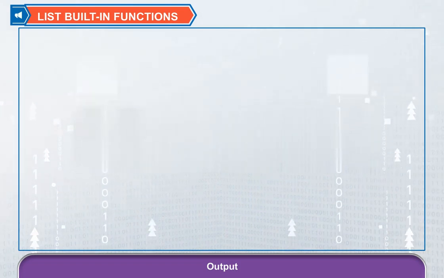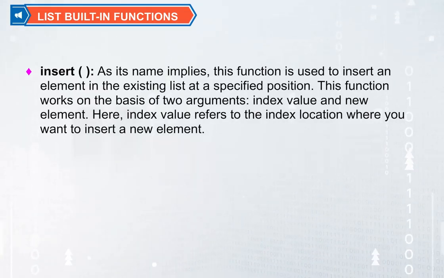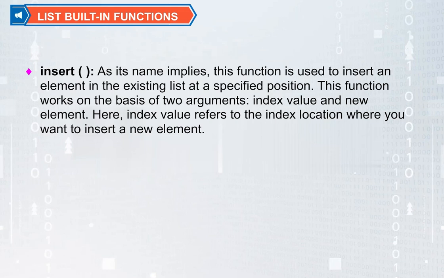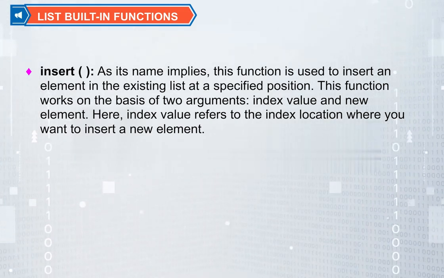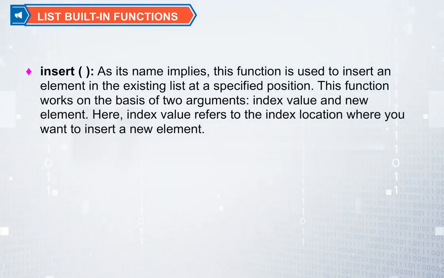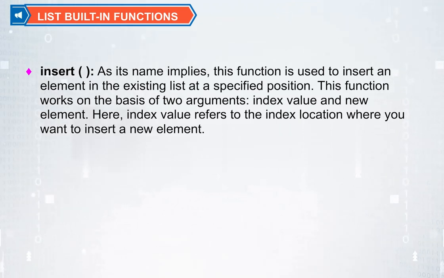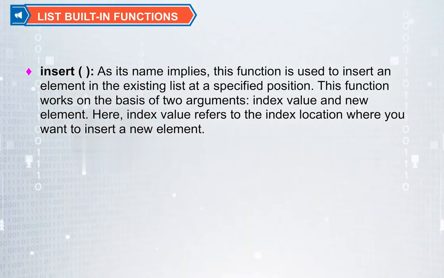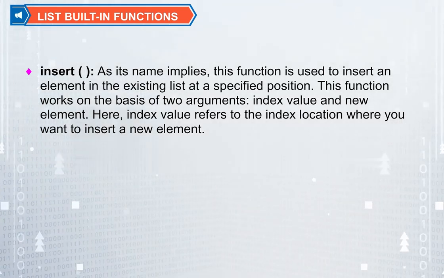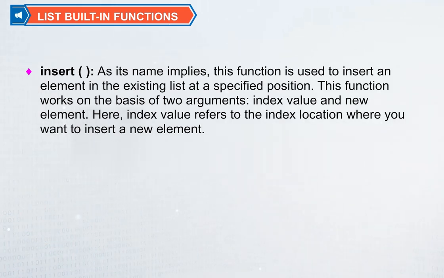Program. Output. Insert. As its name implies, this function is used to insert an element in the existing list at a specified position. This function works on the basis of two arguments: index value and new element.